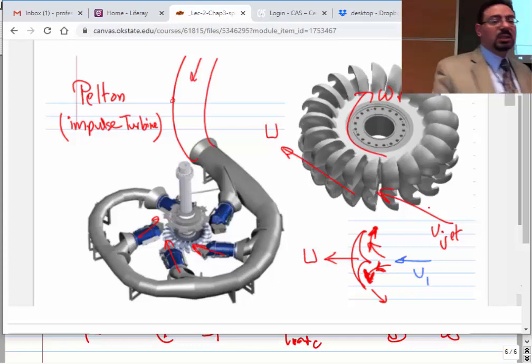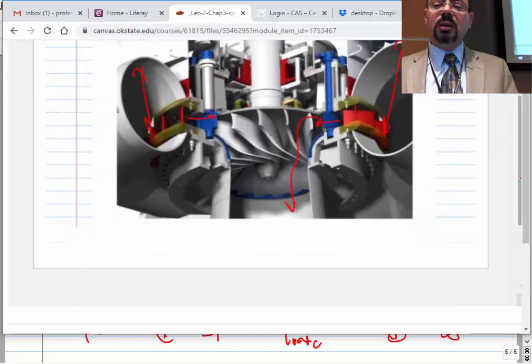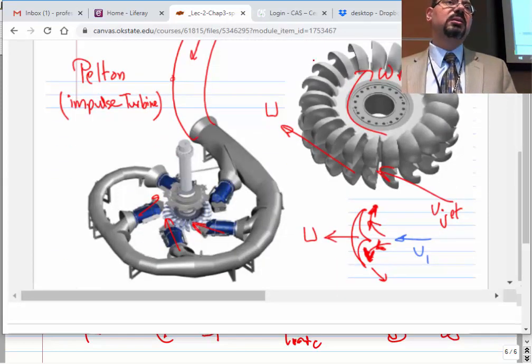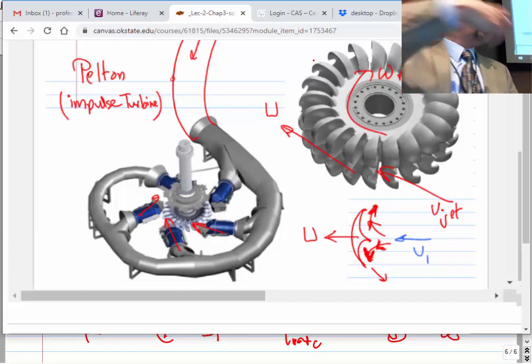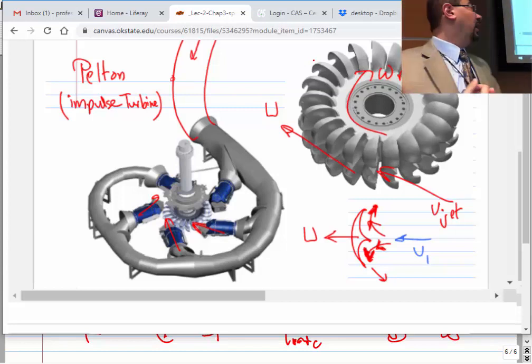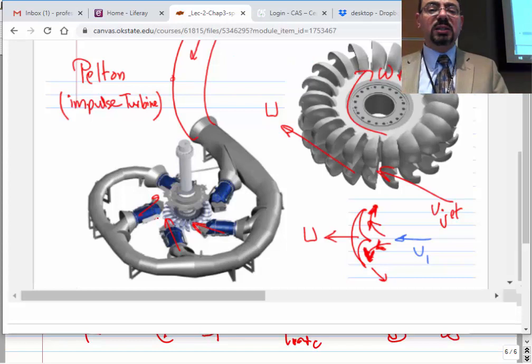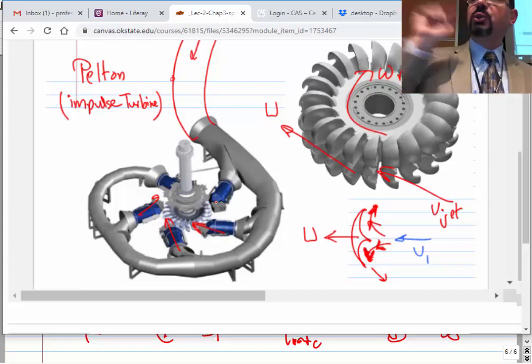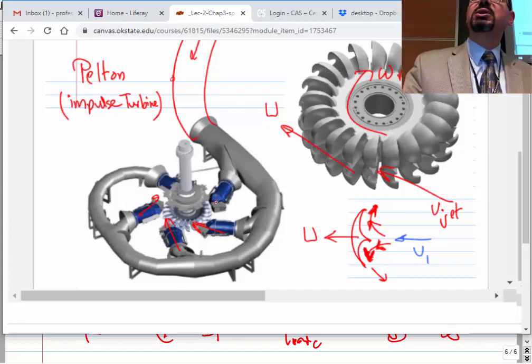So what does this rotor look like to you? It looks to me like a bunch of buckets, right? Half cups sitting everywhere, and we are shooting them with very high velocity. So that pipe basically opens a hose, and that hose is shooting through each one of those buckets.